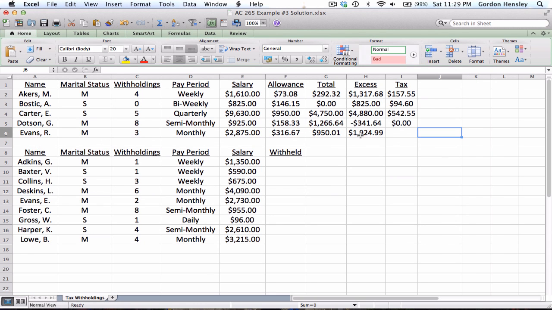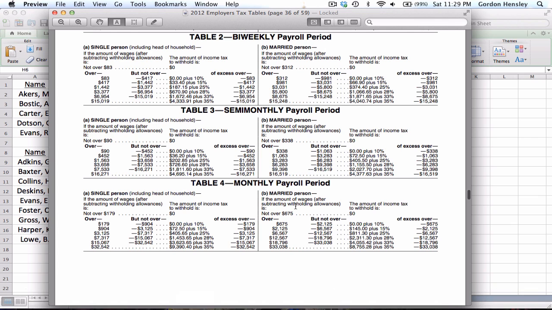The excess amount, $1,924.99. So that goes actually in the very first category. It's over $675, but it's not over $2,125. So what does it say there? It says 0 and basically just 10% of the excess over $675.